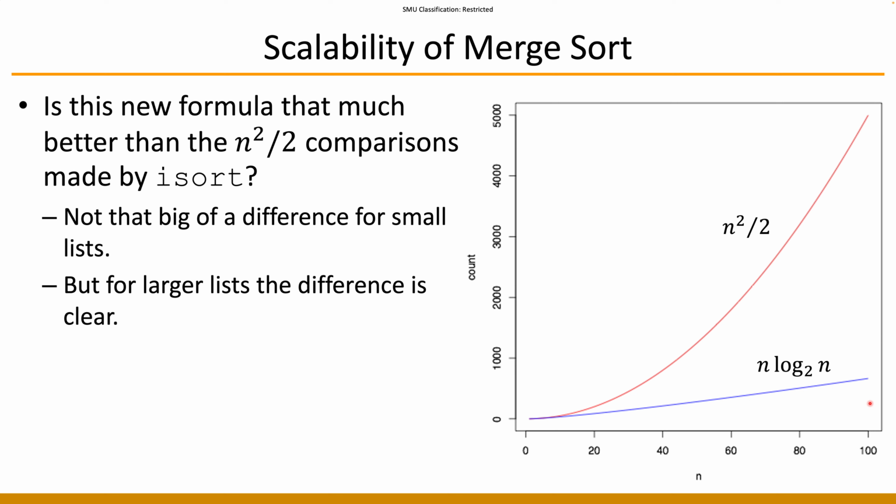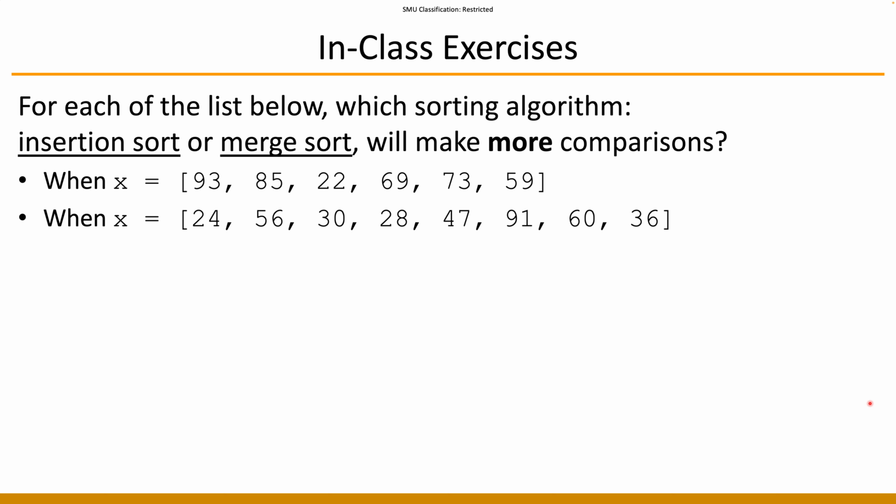So just like in the insertion sort case, let's look at these 2 different lists, and we will now practice both the insertion sort and the merge sort. Then we try to see, if you are going to execute a sort with these 2 different sorting algorithms, which particular method will incur more comparisons.